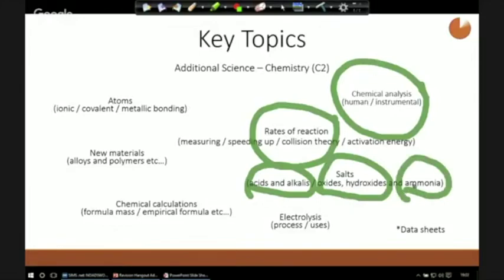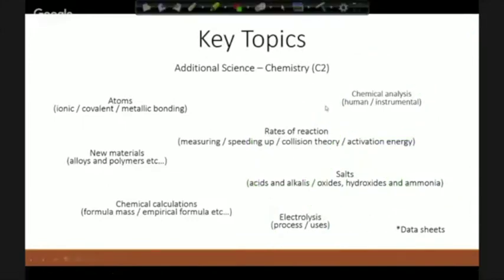Now, as this is the additional science paper, we won't be going into a huge amount of detail here, but if you've done triple science, you might want to be referring to Dr. Fairless's chemistry 3 parts. Finally, we'll look at electrolysis and try and summarize all the key parts.